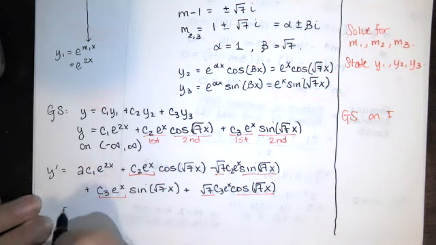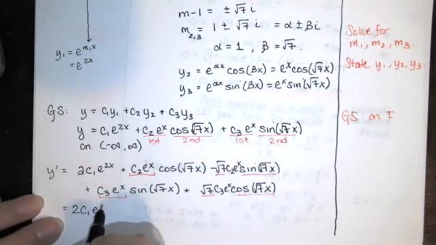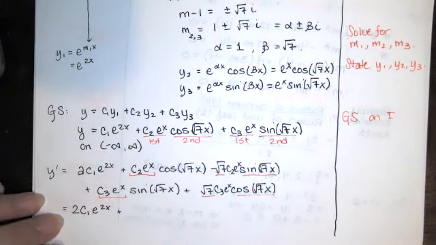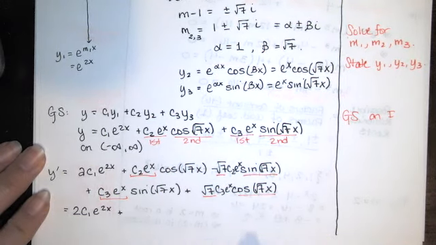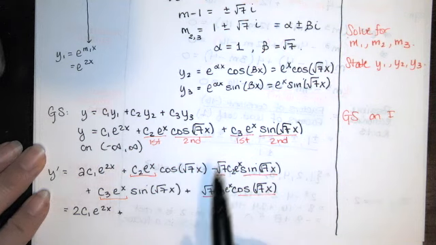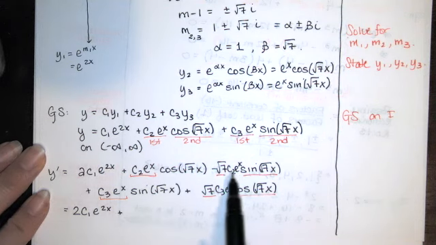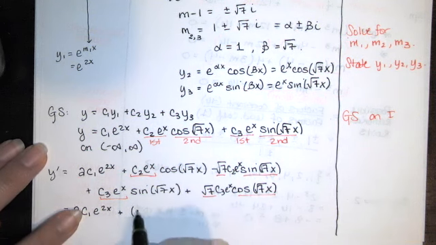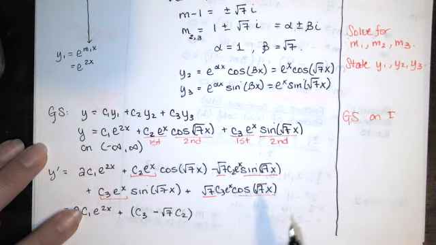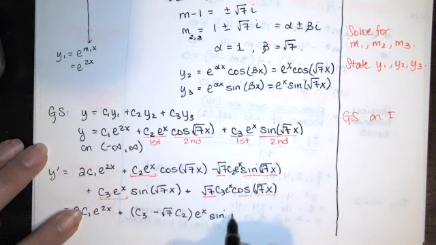Okay, so we've got 2c1 times e to the 2x. And then over here, we can combine those that involve sine and those that involve cosine. So I've got an exponential times sine right here and right here. So let's factor out the constants. We've got c3 minus square root of 7 times c2 times this exponential times sine of square root of 7x.